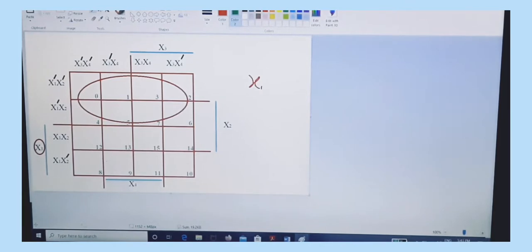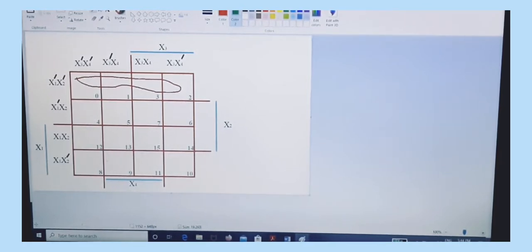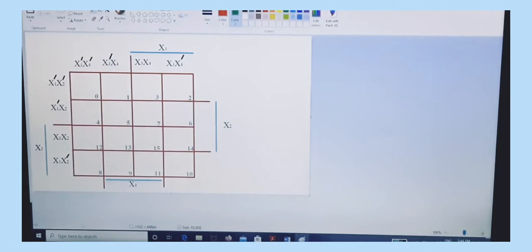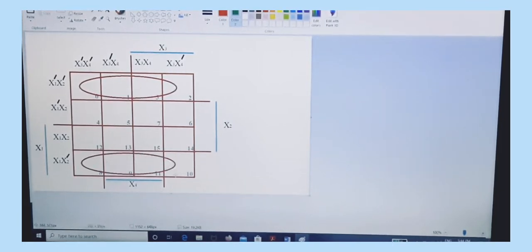Now, suppose if we have another example, say for example, we have these 8 cells, and of course for example, these 8 cells and these 8 cells.